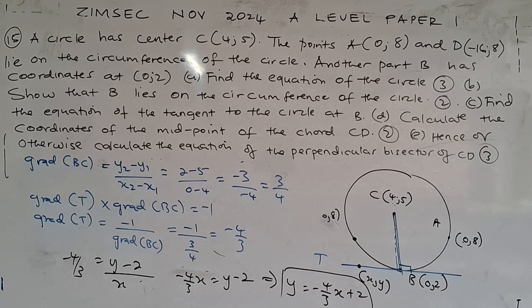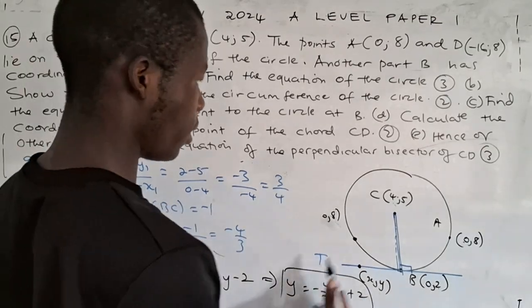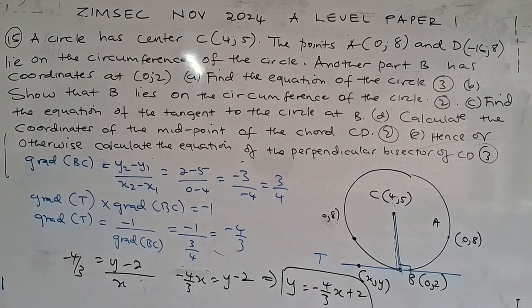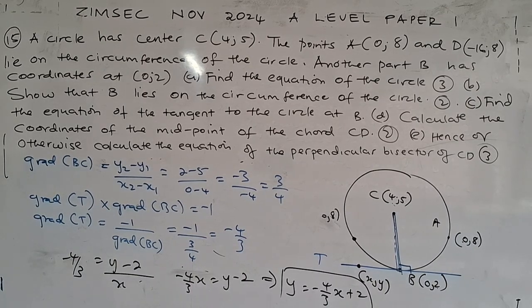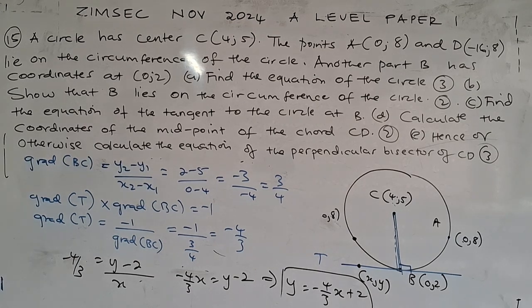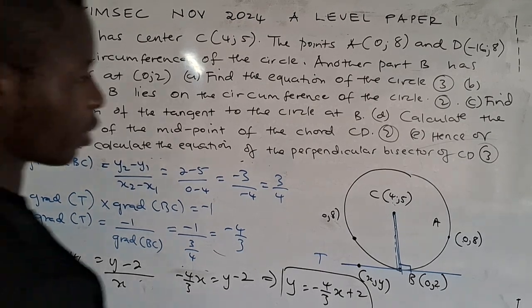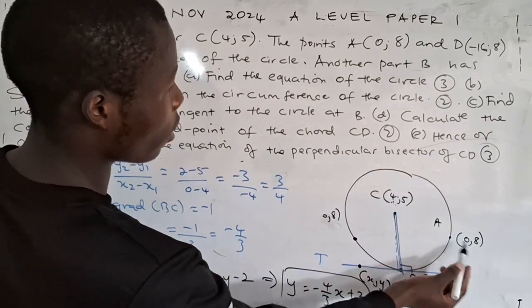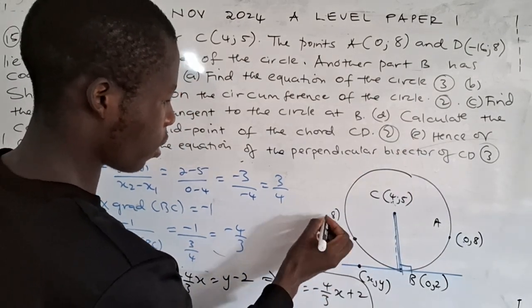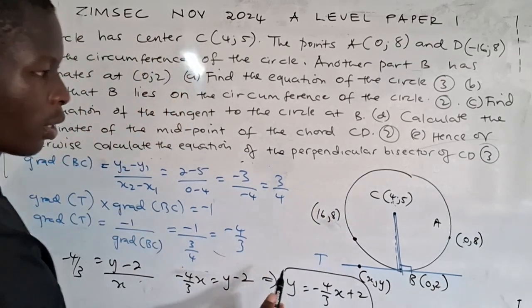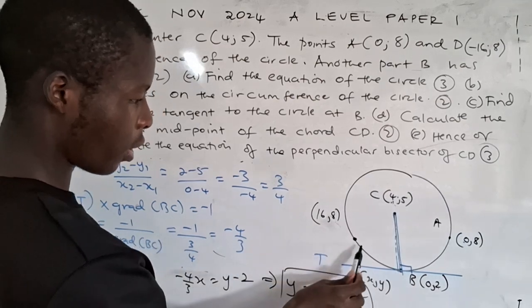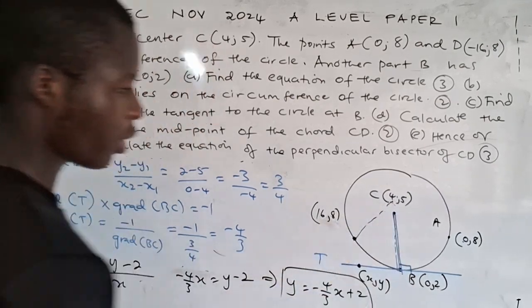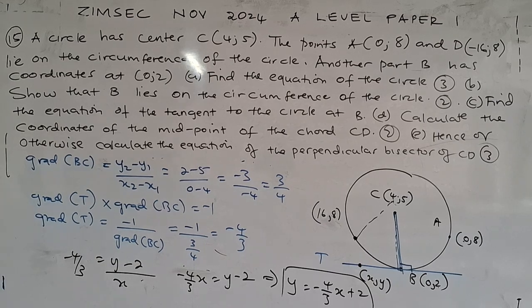Now, calculate the coordinates of the midpoint of the chord CD. You're supposed to calculate the coordinates of the midpoint of the chord. I think I made a mistake here.